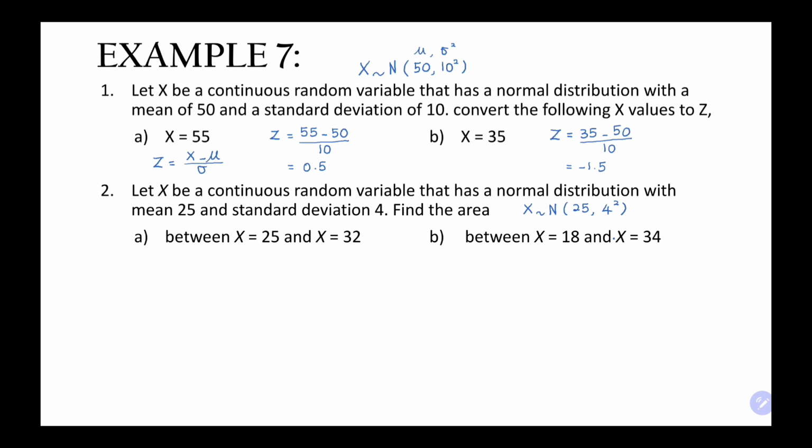Okay, first question. Find the area A between X equals to 25 and X equals to 32. Between. So probability area from 25 until 32. Sebabkan word between, so tak ada equal sign.